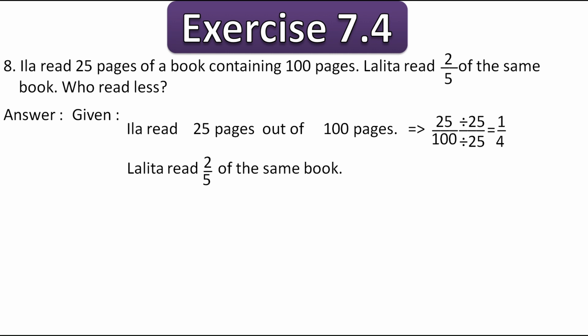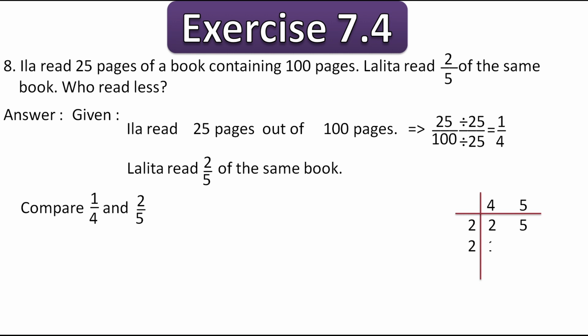Now we have to compare this 1 upon 4 and 2 upon 5. So for that again we have to find the LCM, because no numerator is same as well as the denominator is also not same. So we will find the LCM of 4 and 5. So as you all know, 2 2s are 4, 5 will remain as it is, 2 1s are 2, 5 will remain as it is, 5 1s are 5. So the LCM is 20.